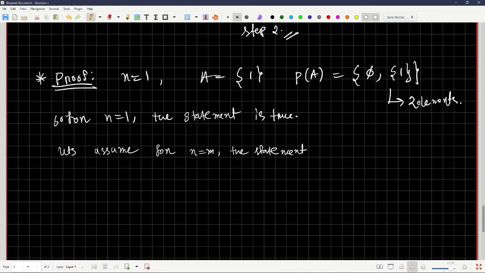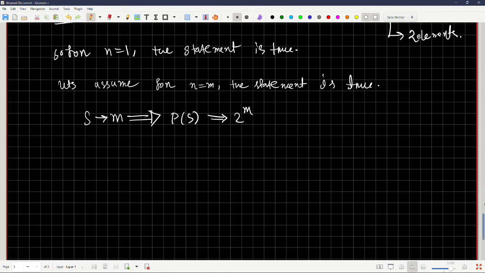So let's assume that for n equals to m, that statement is true. What does this mean? This means if my set contains m elements, the power set P of S will have 2 to the power m elements. We are assuming that on the second step.